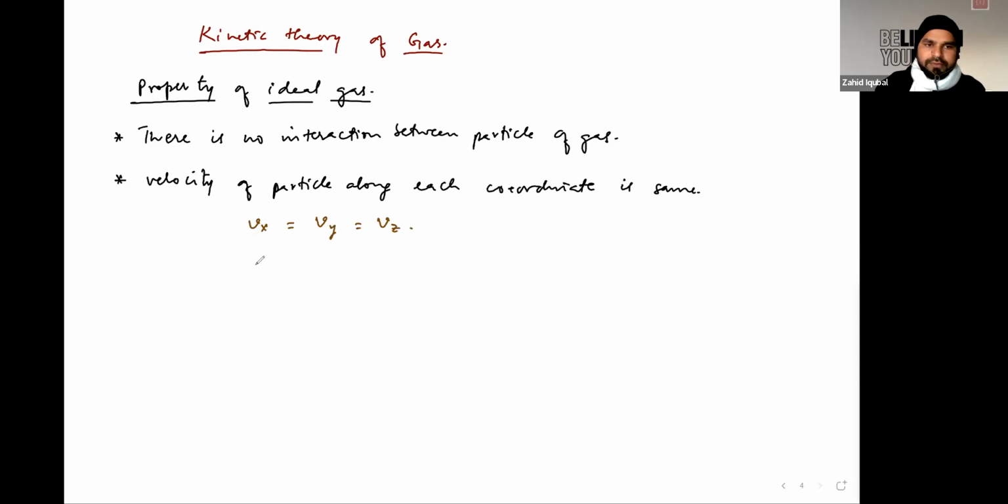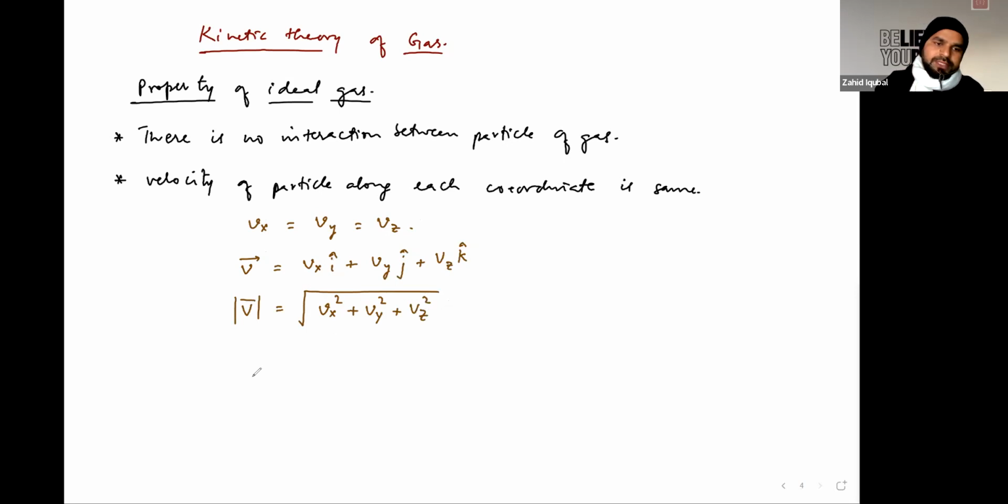So if you write it in vector form, it will be v equals vx i cap plus vy j cap plus vz k cap. Now taking the magnitude of this entire term, you'll get v bar equals root under vx squared plus vy squared plus vz squared.